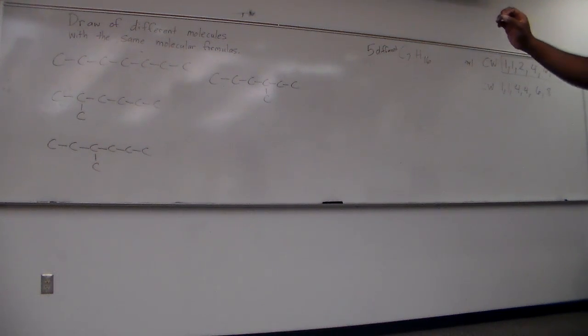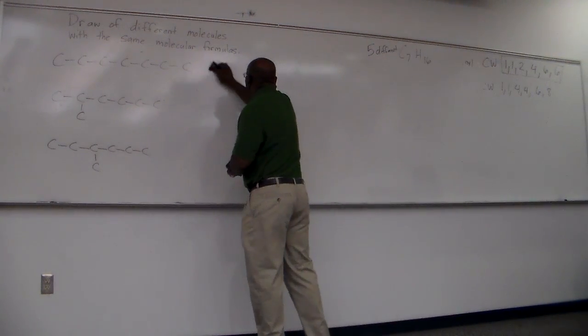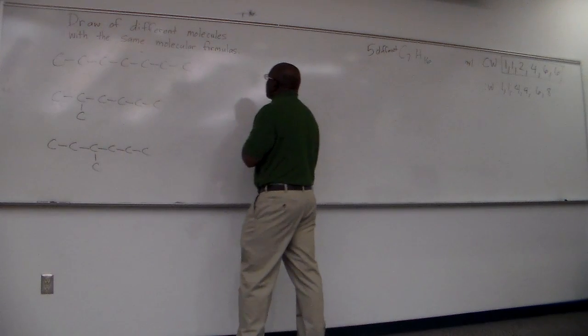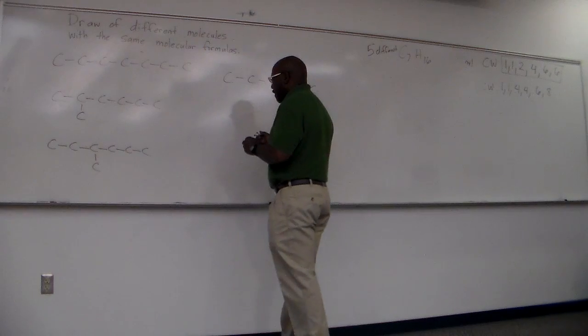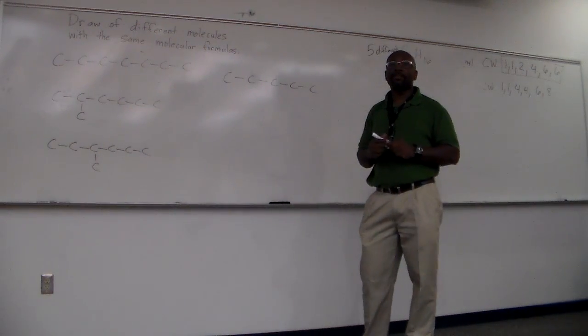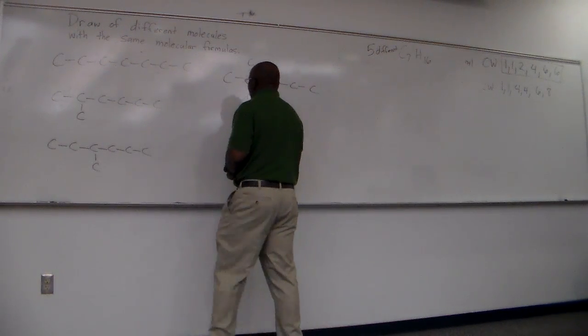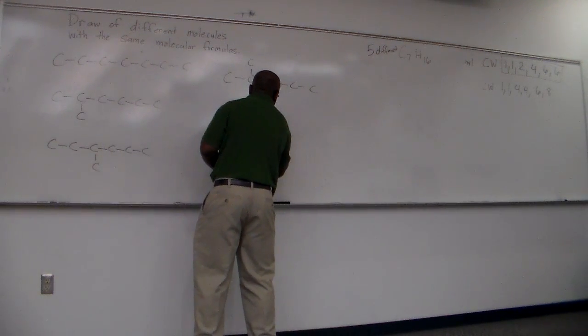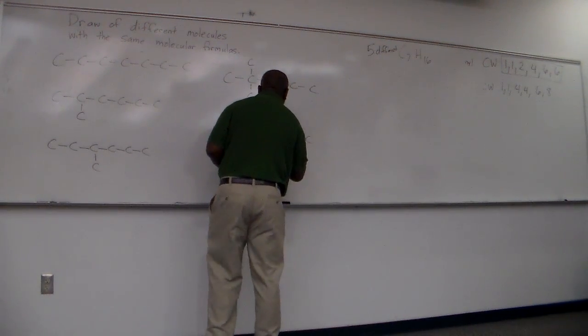So now we cannot do any more 6 and 1. We have to now do 5 and 2. 1, 2, 3, 4, 5. With 5 and 2, we can put both groups together if you like, on the middle carbon atom.